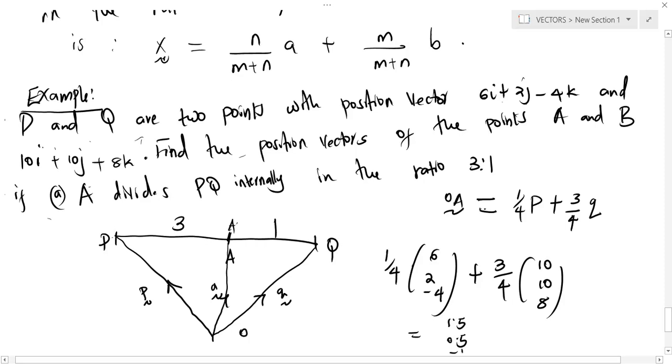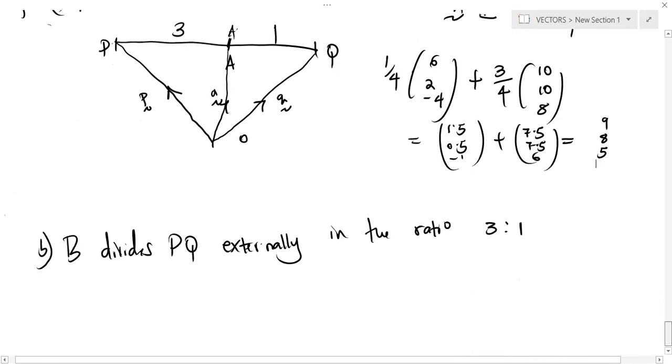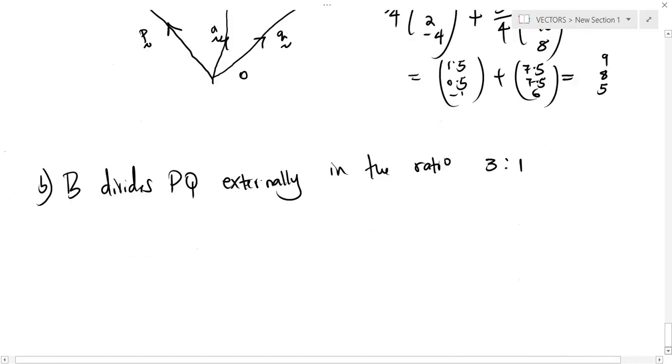Then this will give us -1. Plus, on this other side, we have 7.5, 7.5, and then 6. So adding this up, this will give us 9, 8, 5. Okay. 9, 8, 5.